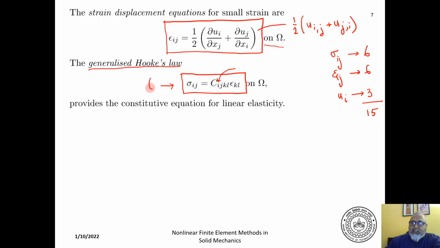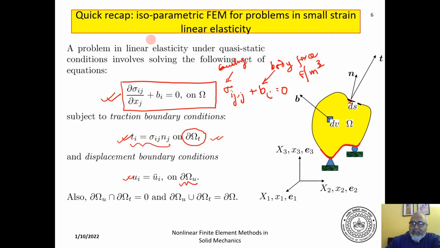Hooke's law gives you 6 equations, the strain displacement relation gives you another 6 equations, and then another 3 equations come from the equilibrium equation. So we have 15 equations and 15 unknowns, which completes the problem, provided you have specified the boundary conditions properly. That's what we have dealt with so far. We are going to relax many of these equations.